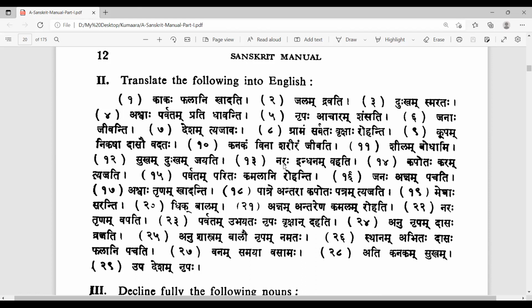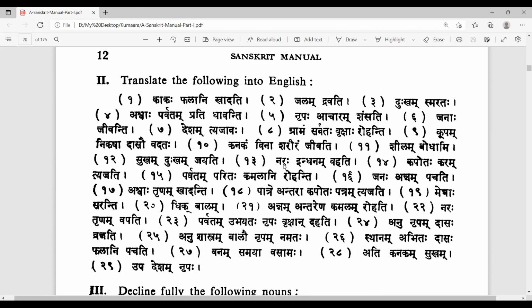Anushastram balo nripam namataha. Namataha is kriya padam. Balo kau namataha, balo namataha. Balo kam namataha, balo nripam namataha. Anushastram. Kim only, no? Here, Anushastram. Kim balo nripam namataha. Anushastram balo nripam namataha. Just following the Shastram, the boy bows to the king.